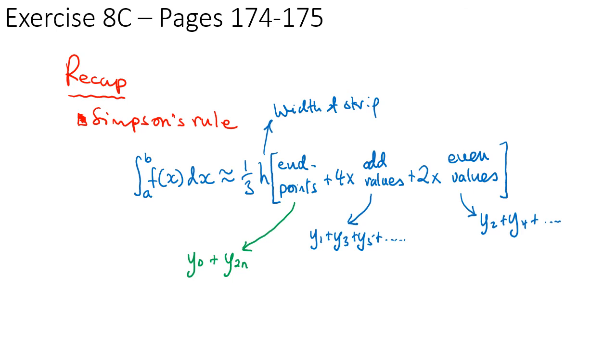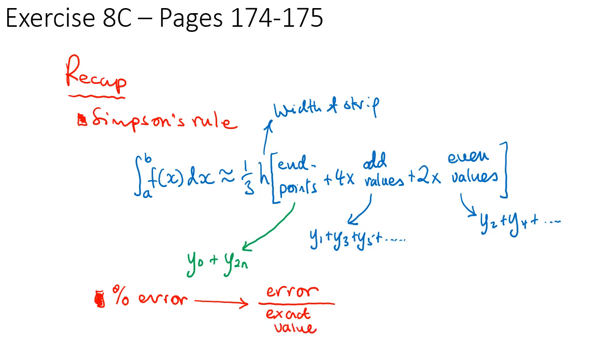And this will give us the approximate area. Now, sometimes in these questions, it may be something that you can integrate and you can work out the exact area. So you may be asked to work out the percentage error. And this is something that students often forget. So the percentage error is the error divided by the exact value.